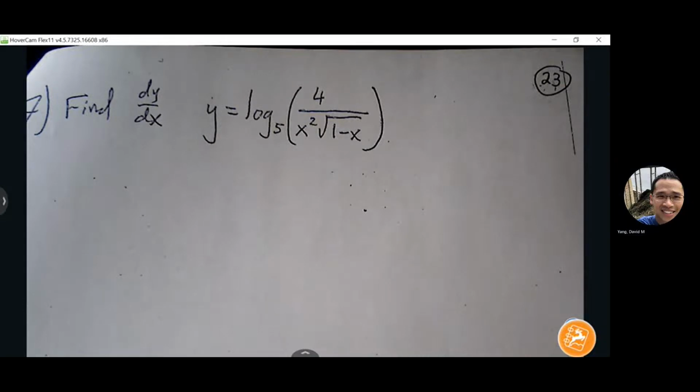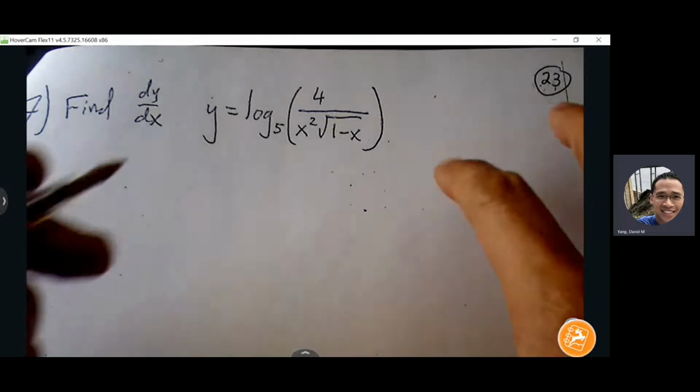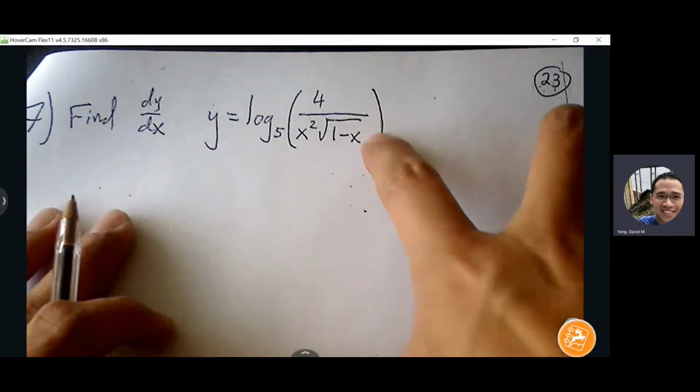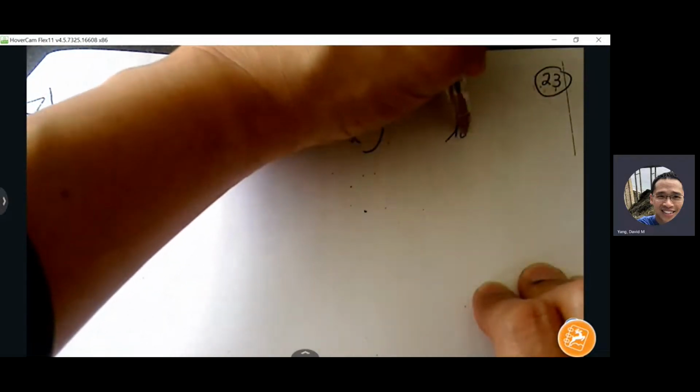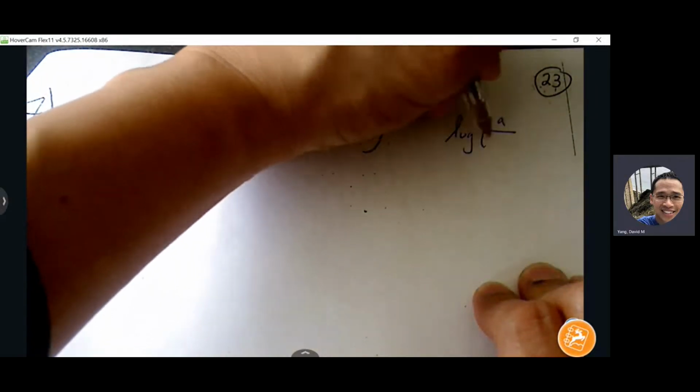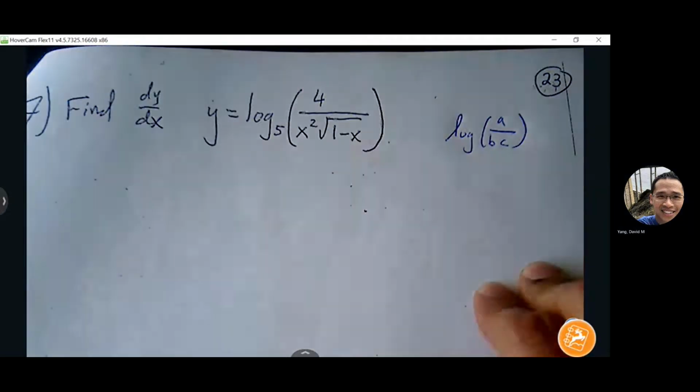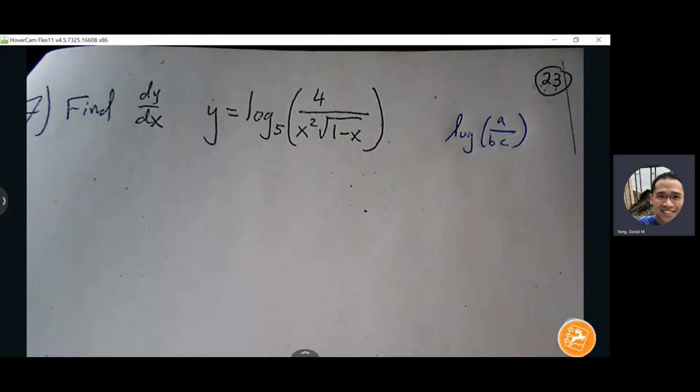Yeah, let's expand. We don't want to mess with that u value. It's just too much work. Why do a problem if you can split it up into smaller problems? Keep this in mind: if I have log of a over bc, I've got a numerator and two denominator terms.